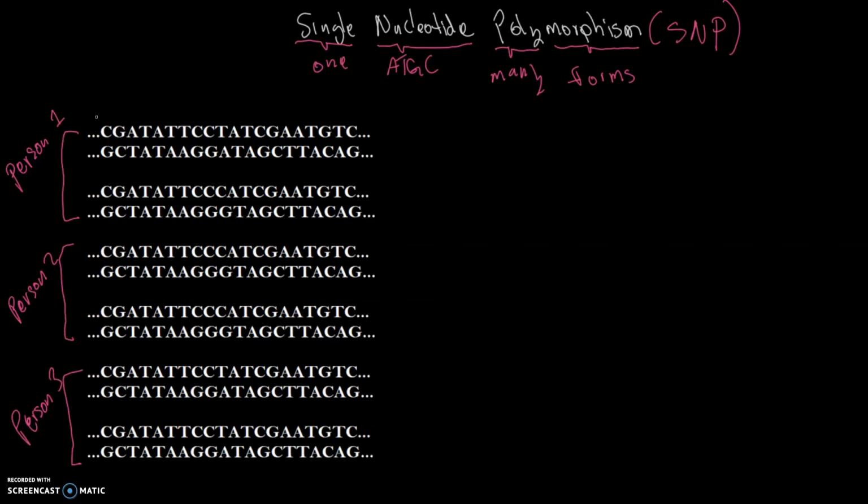So let's say this genetic material is from chromosome 2, and this is copy 1, say from mom, copy 2 from dad.